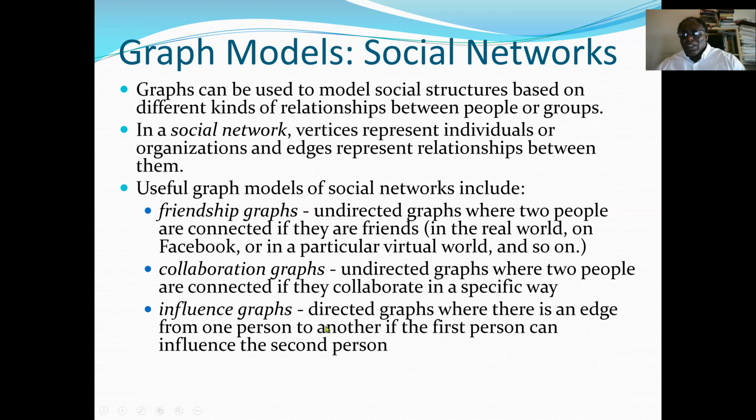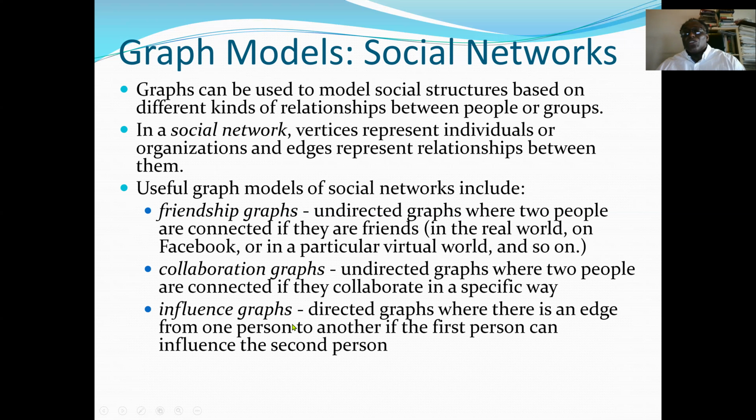This is a directed graph where there's an edge from one person to another if the person can influence the second person. Normally on something like Instagram, in the media, we have influencers. Most of the time they are celebrities, and we have regular citizens following them, and it's the same concept here.